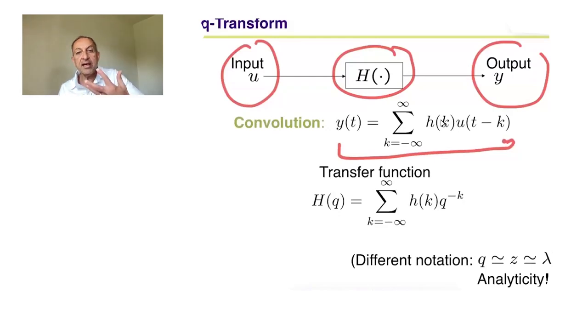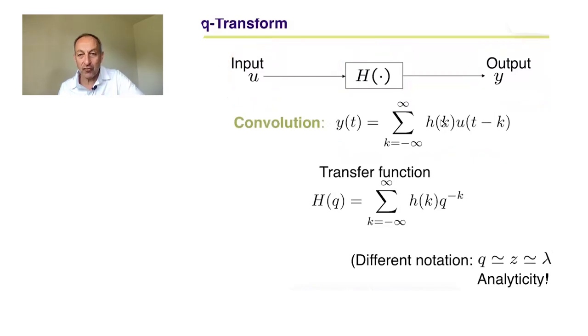Now, one way to represent the convolution kernel is to take a transform of this kernel. Okay? This transform is written exactly this way. And Q, by the way, in this expression, is a complex variable. So Q over here is what we call C, which is the class of complex variables. There can be different interpretations for this, but I like the interpretation that you plug in a Q that is a complex number.